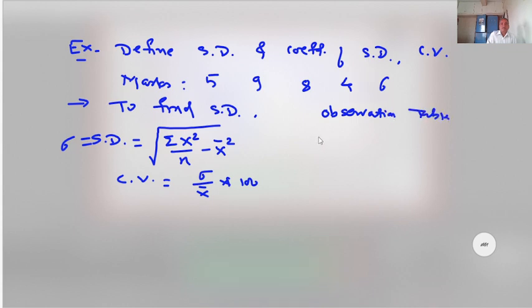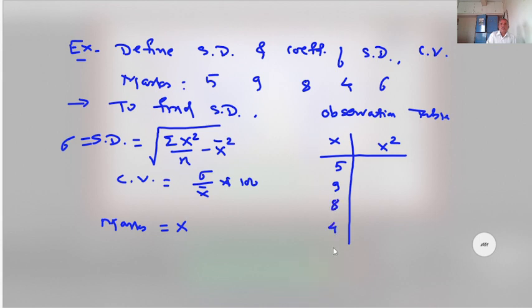Marks is the variable x. The given data we write in the first column: 5, 9, 8, 4, 6. The squares of the observations: 25, square of 9 is 81, square of 8 is 64, square of 4 is 16, and square of 6 is 36.